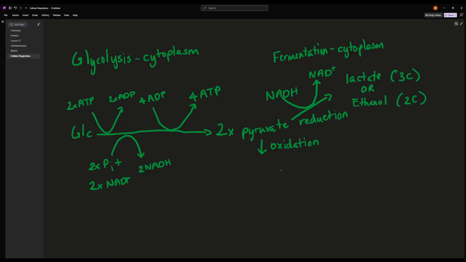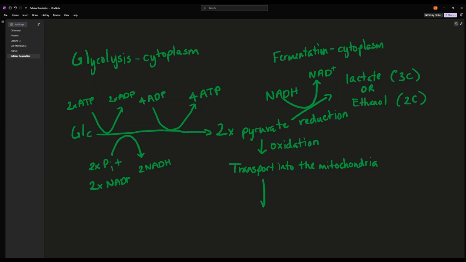All right, in terms of the oxidative pathway, this is going to require transport into the mitochondria, assuming we are in a eukaryote. If we are in a prokaryote, this does not occur because prokaryotes lack membrane-bound organelles, including the mitochondria.